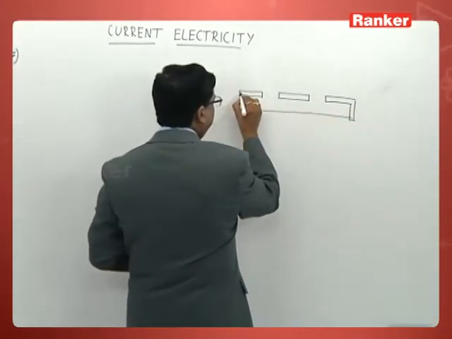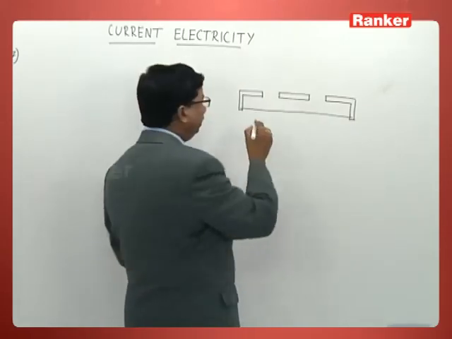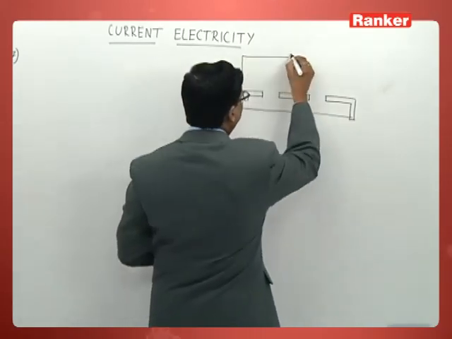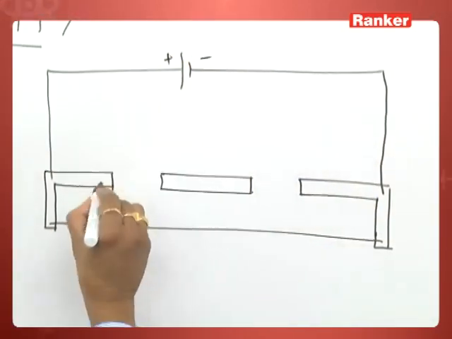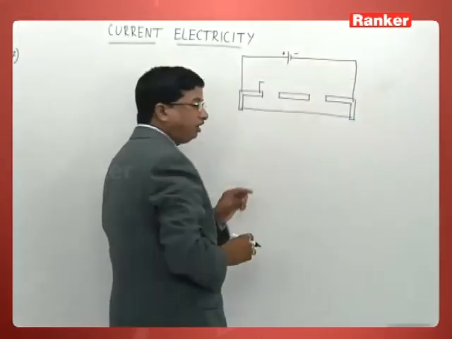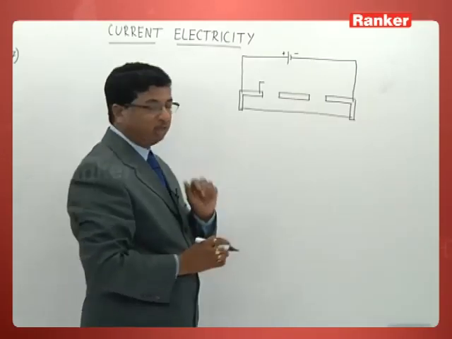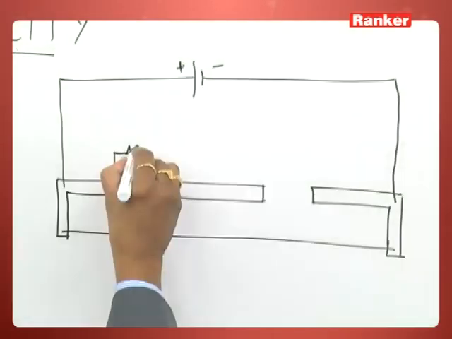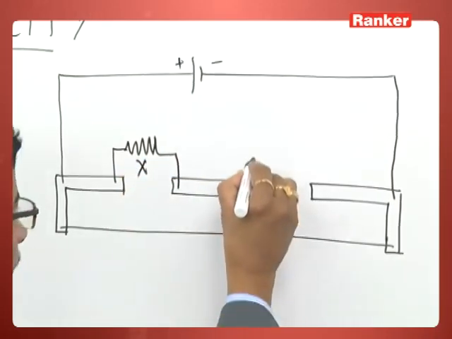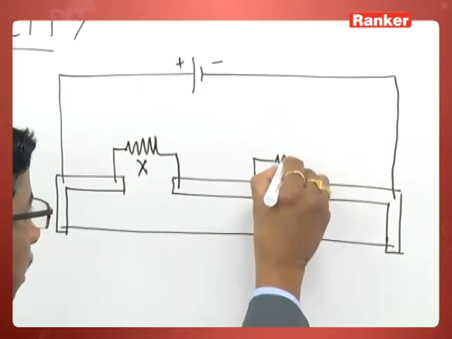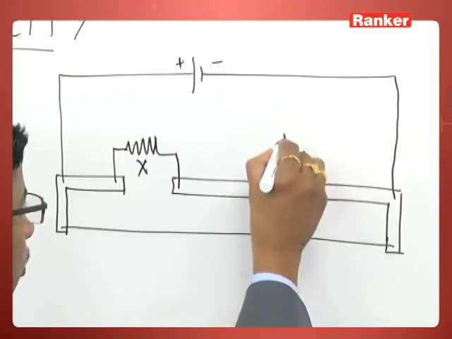In between, of course, at the end terminals we are going to have a cell like this. Here there is a resistance given. The resistance over here is given as X. The resistance over here is given as 10 ohm.